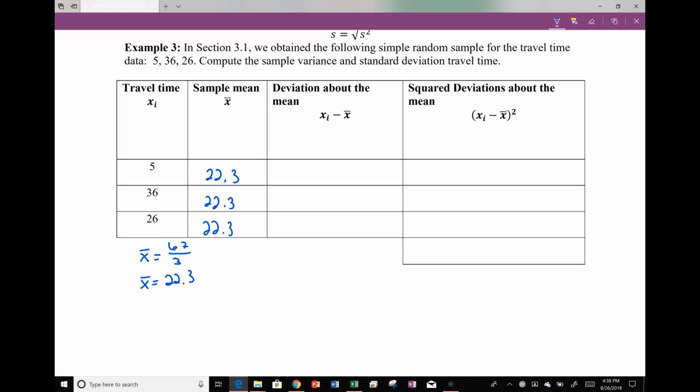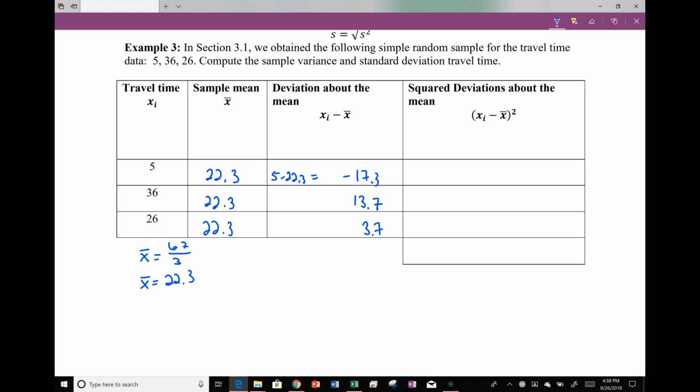Then I'm going to take each of these values and subtract the mean from it. So I'm going to take 5 minus 22.3, and that gives me negative 17.3. 36 minus 22.3 gives me 13.7, and 26 minus 22.3 is 3.7.